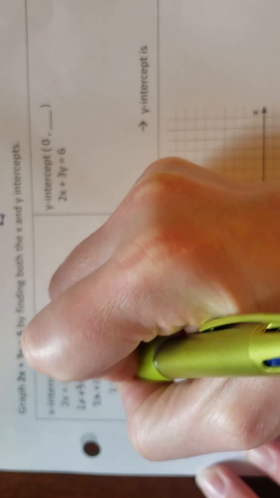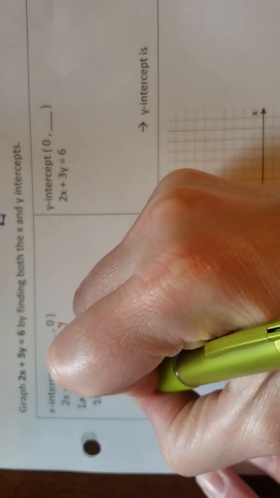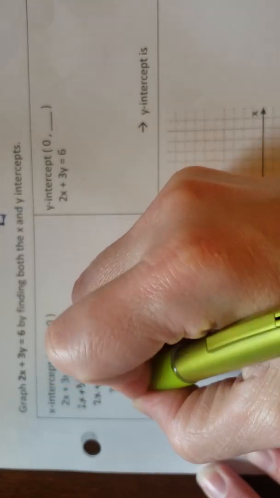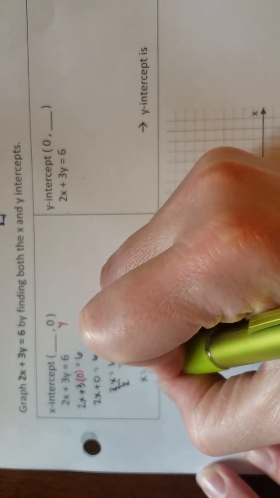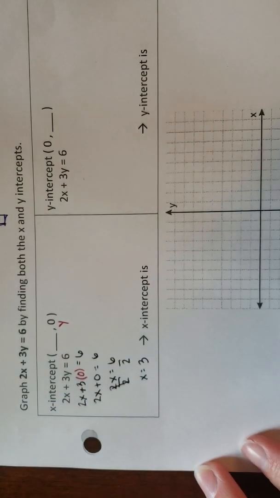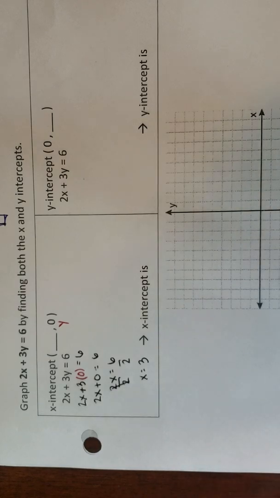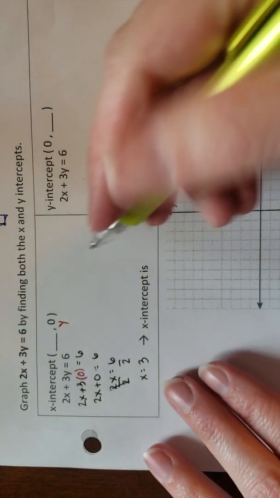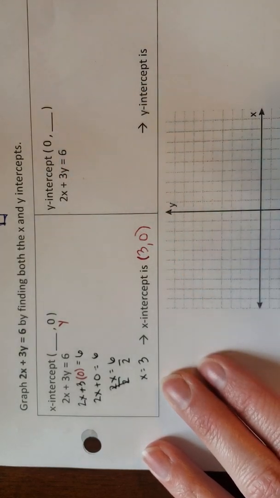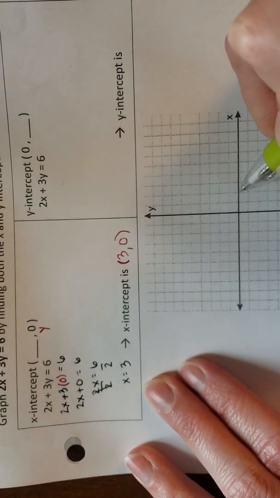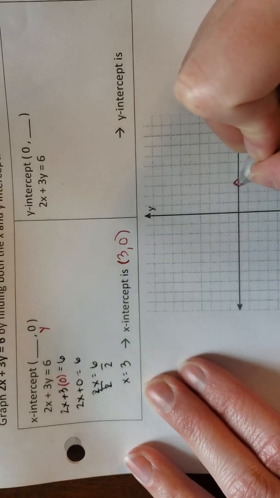I could have just dropped that. If 2x is 6, I was talking and mathing at the same time, one x is 3. So therefore, the x-intercept will be at (3, 0).